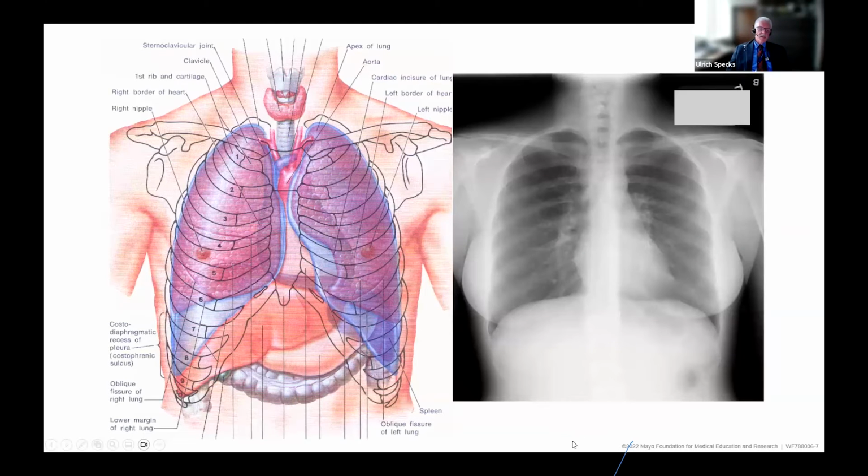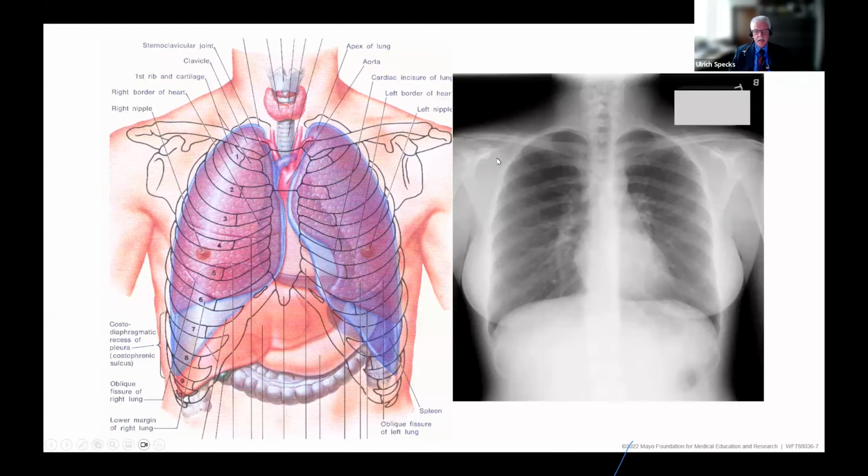So on this slide here, you see a normal chest röntgenogram on the right side, where in the center you have your large airways, your trachea, your main stem bronchus, and here on the left side, you see this three-dimensional picture of the anatomy. And then you see this big shadow here, which is your heart. And so it's sitting right here in the chest.